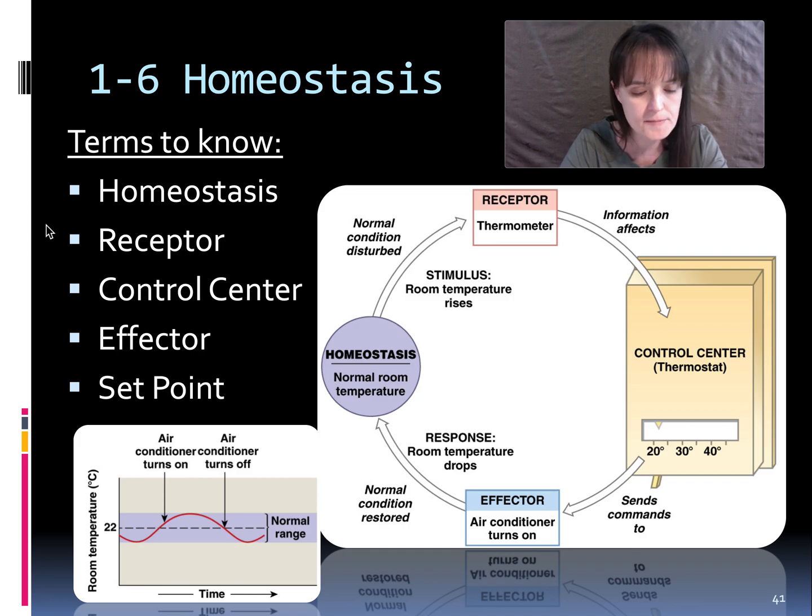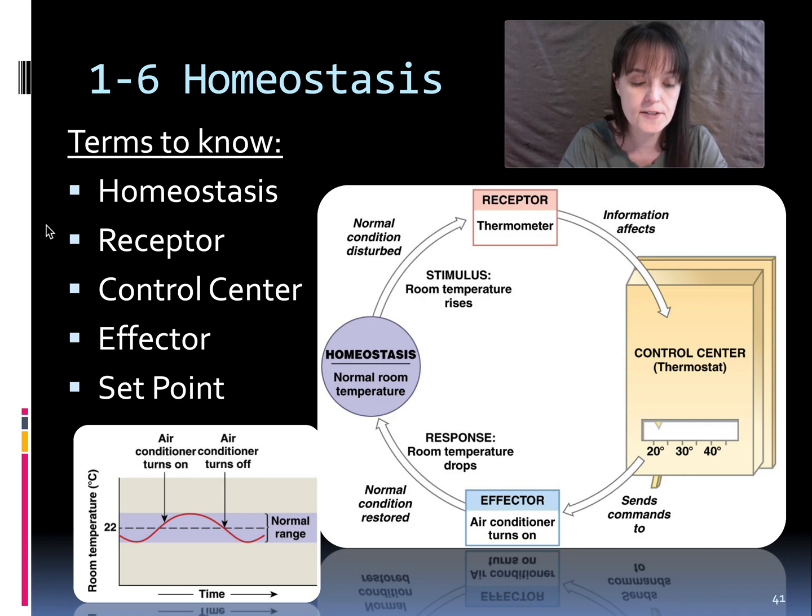A receptor is the sensor of stimuli or environmental changes. Let's go through the boxes and then we'll discuss. The control center is the information processing. The control center receives the information, makes a decision, in air quotes, and gives commands.